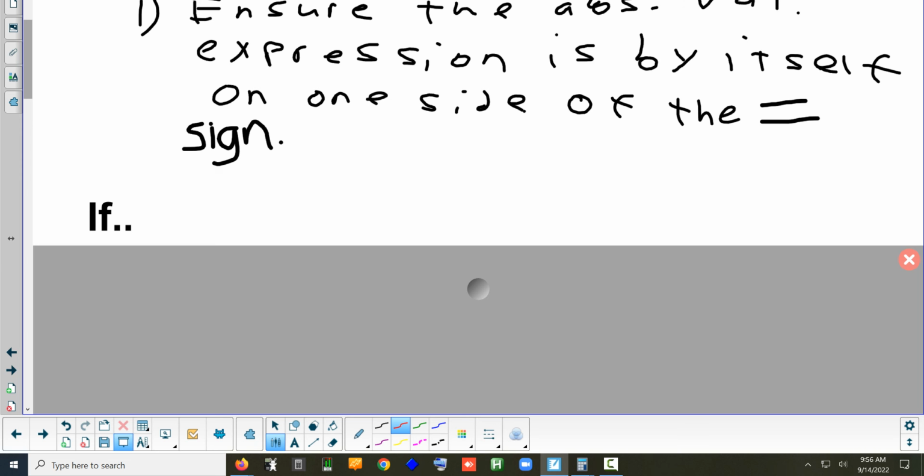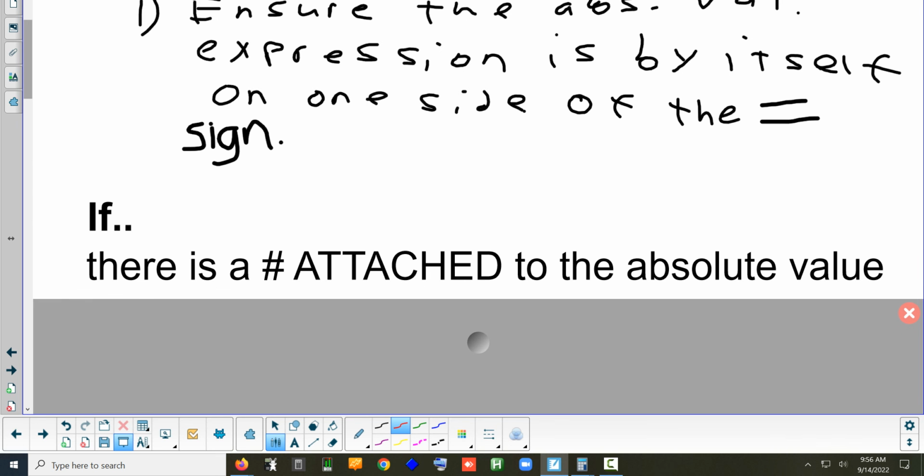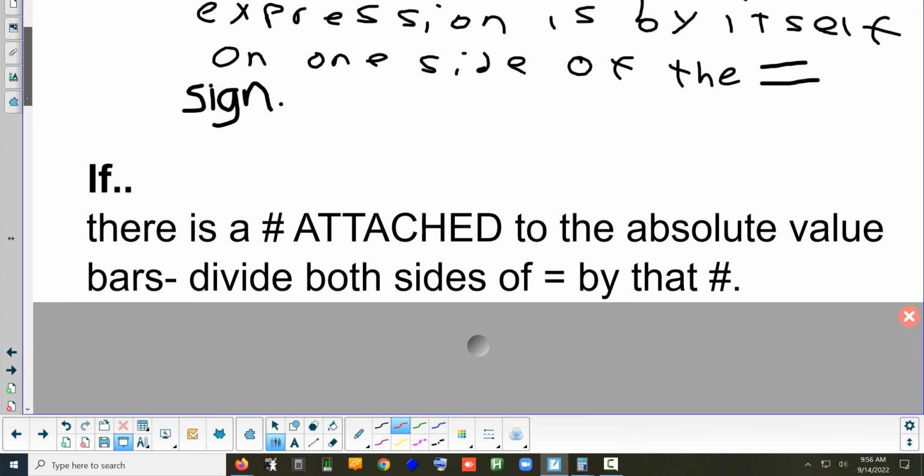Then right below the line that says ensure, you have something that says if, followed by 3 dots. If there is a number attached to the absolute value bars, we want to divide both sides by that number. And I'll show you an example.